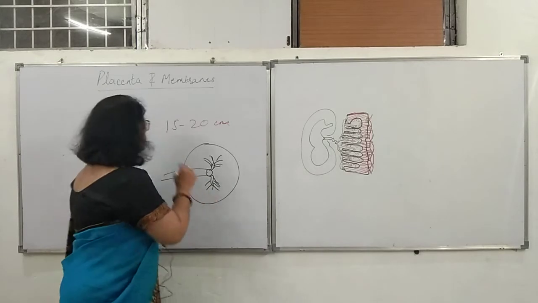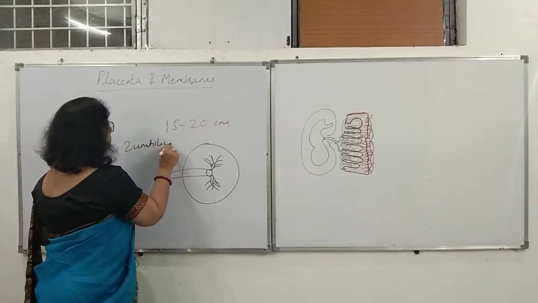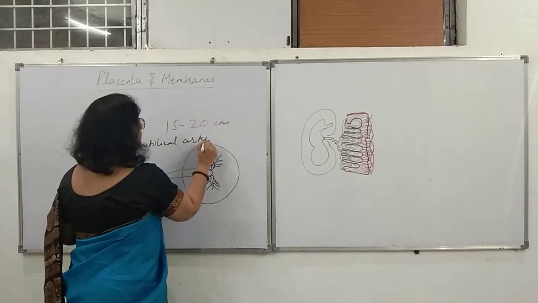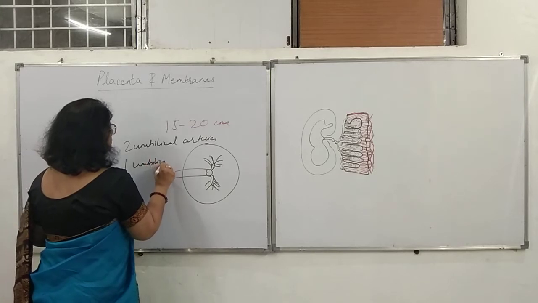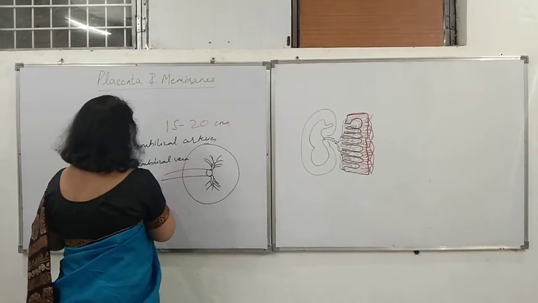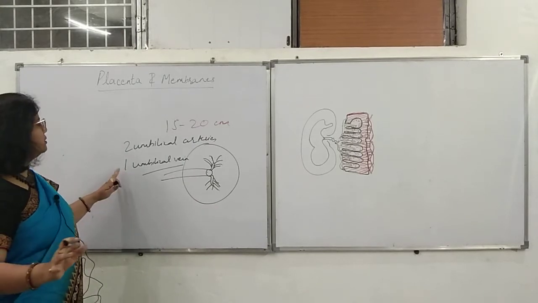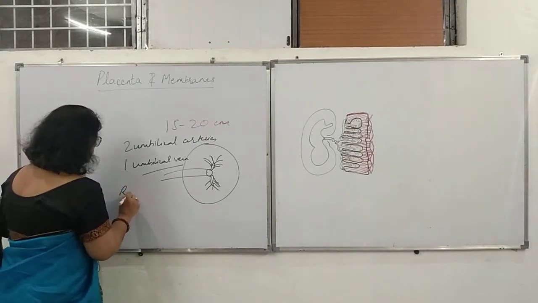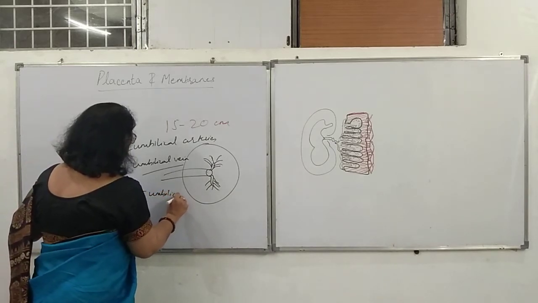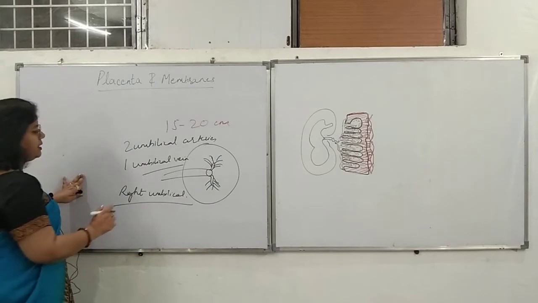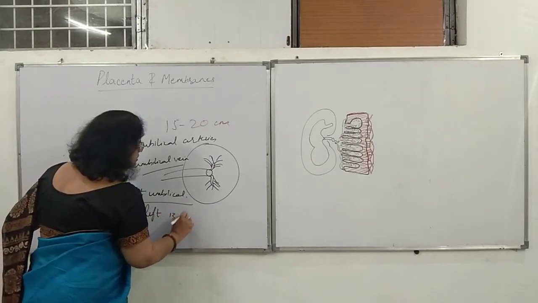There are two umbilical arteries, always remember, two umbilical arteries and one umbilical vein. By around 4 months, the veins are also two, but after 4 months the right umbilical vein is obliterated, and only the left umbilical vein is left.